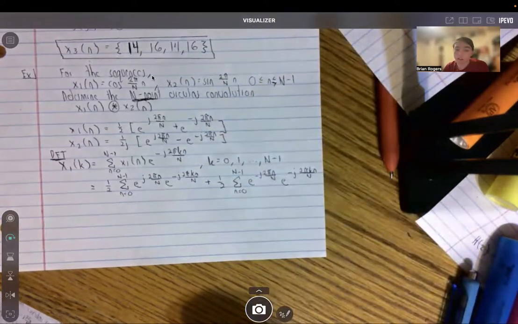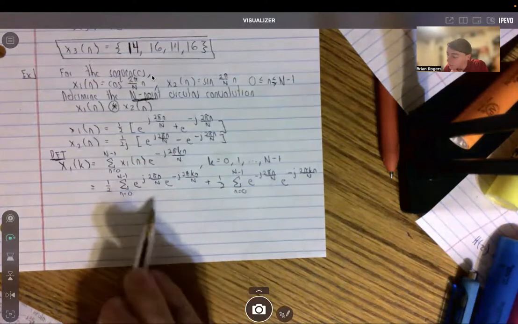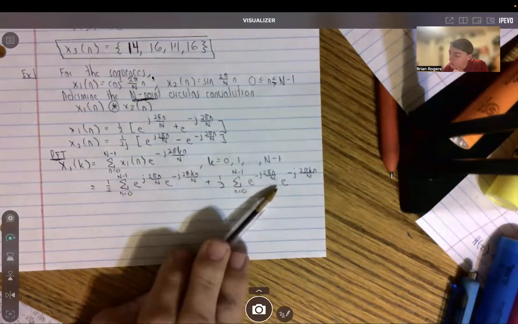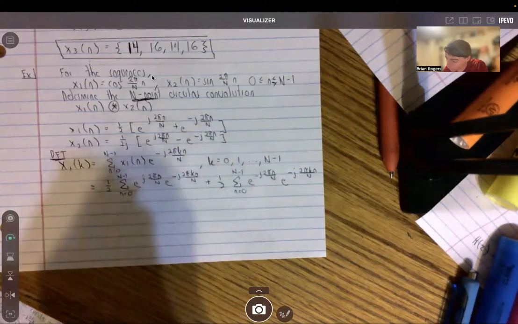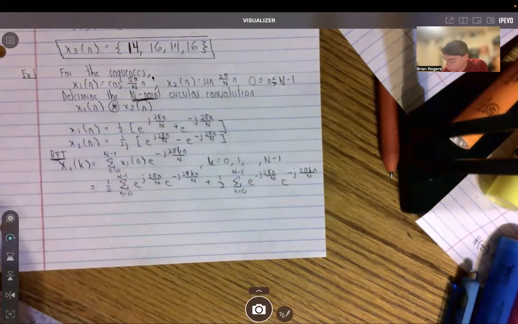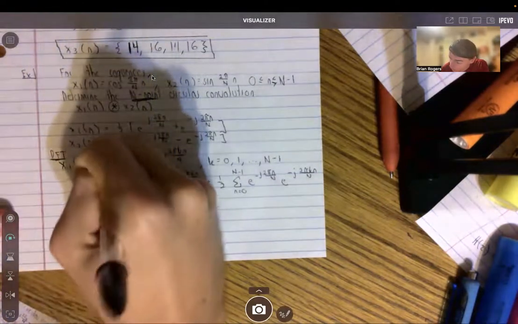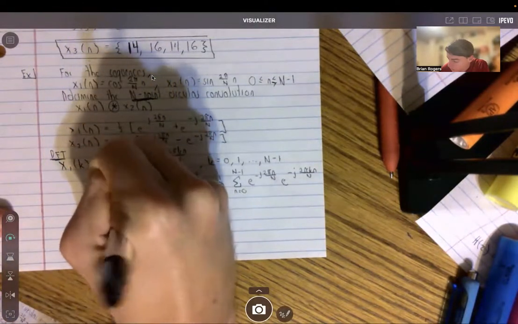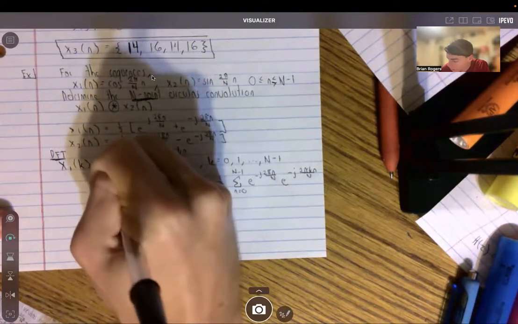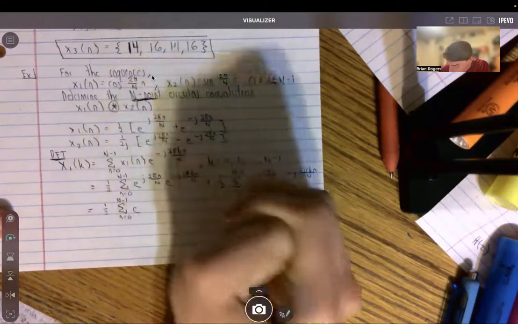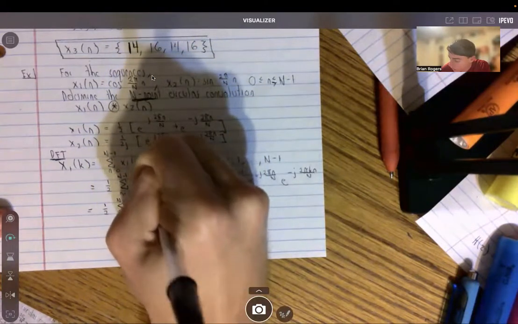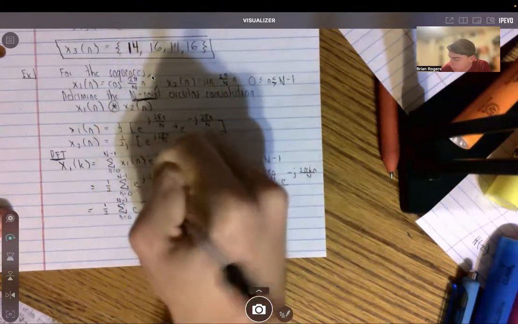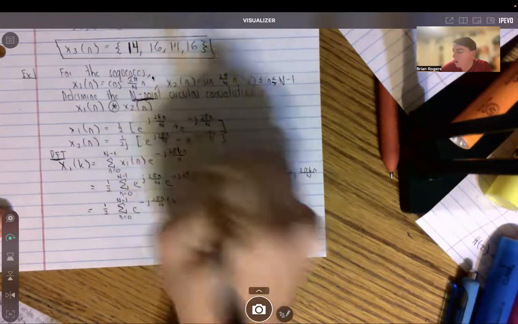Okay, now we've got the two written out, but we have to put this in a particular format so that we can use a specific property, which I'll go over. So here, we're going to combine the two exponentials and simplify this part of the equation. It's going to be e to the negative j 2 pi n all over N, times k minus 1.